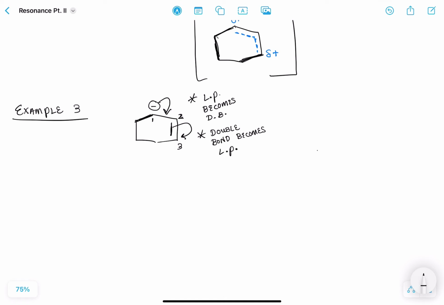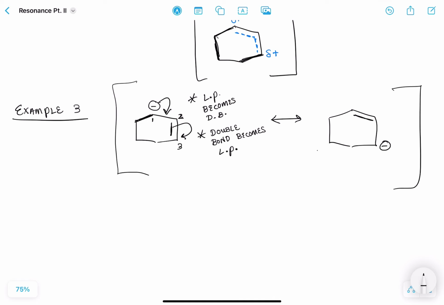Right, so we saw two things are happening at the exact same time, and we could draw a resonance arrow to show the new structure. That would be there, negative charge there. Pull this up, and then the double bond there. And these two would be resonance structures of each other.